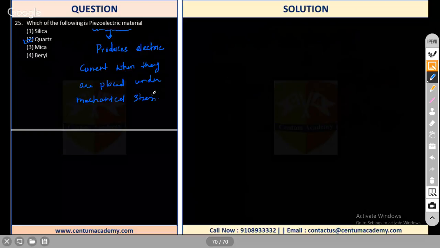So again, you have to memorize this. The quartz is a piezoelectric material which is very common. Actually, you must have studied this in 9th or 10th grade also, right? So these are the 5 questions we have discussed, okay, which have been asked in JEE Mains exam. Okay, thank you.